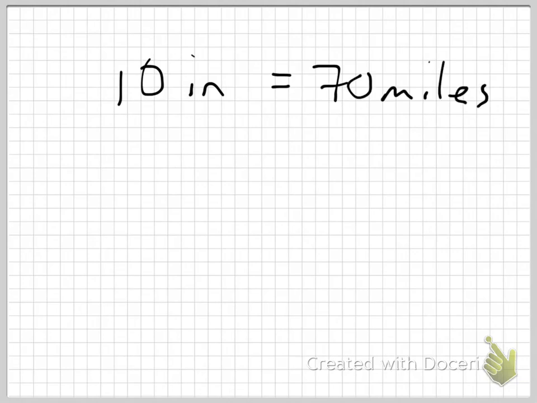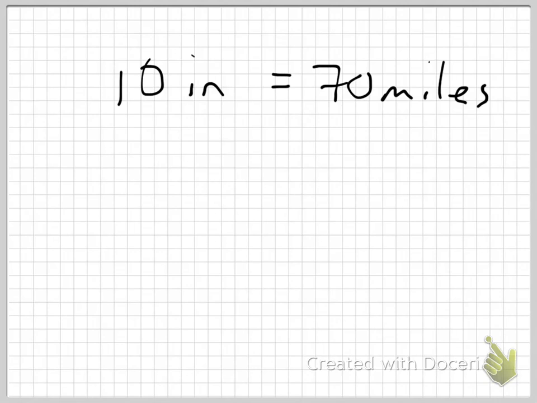If I had said that 10 inches on the map is 70 miles, and I want you to break that down and make that into a scale. In other words, what is the scale as a ratio?